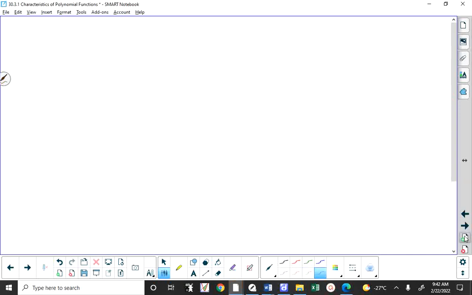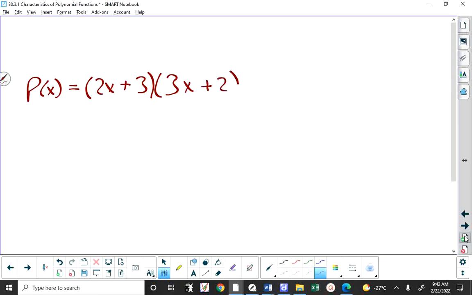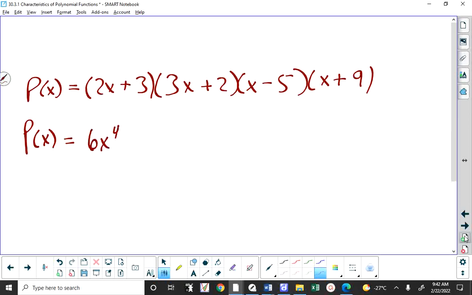If I gave you the following polynomial function, then you should know that if you expand this out, you are going to get 6x to the 4. I want everybody to think about where I'm getting 6x to the 4 from.